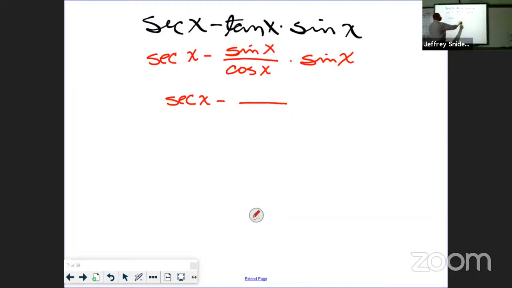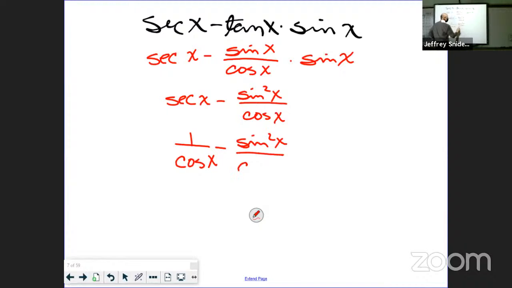I'm going to get sine squared x over cosine x. Love it. Secant is 1 over cosine x minus sine squared x over cosine x.